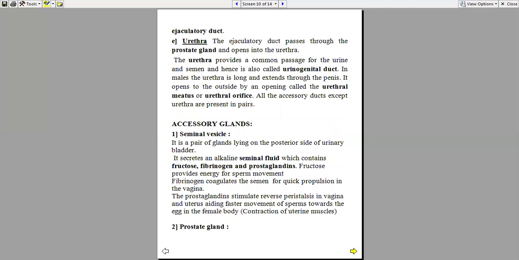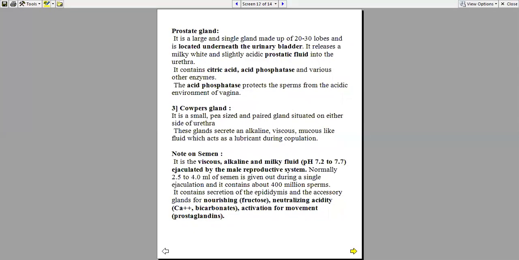The fluid secreted by Cowper's gland is again alkaline. It contains mucus and acts as a lubricant during copulation. Lubricant means it helps in the process of copulation, that is intercourse, so that the sperm can easily travel up to the egg in the female reproductive tract.